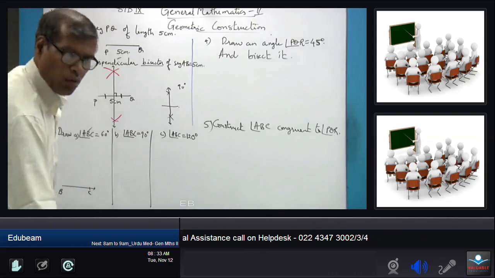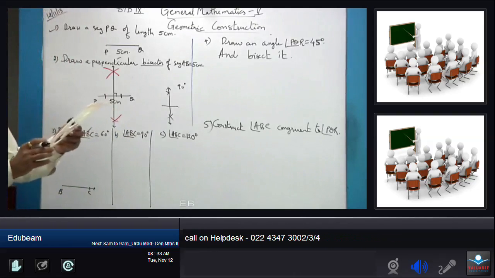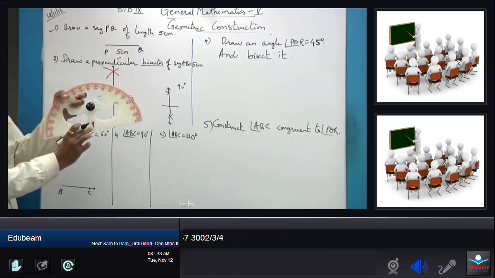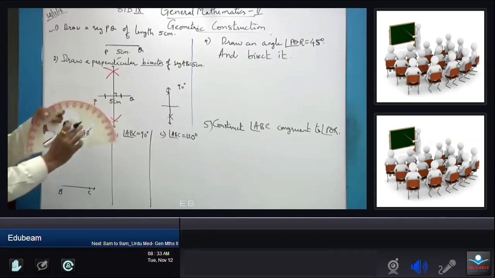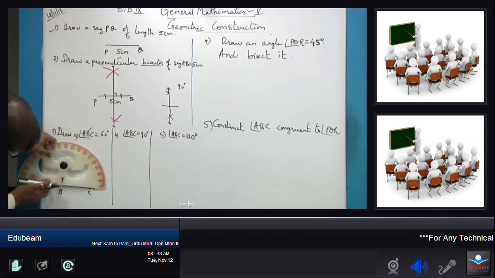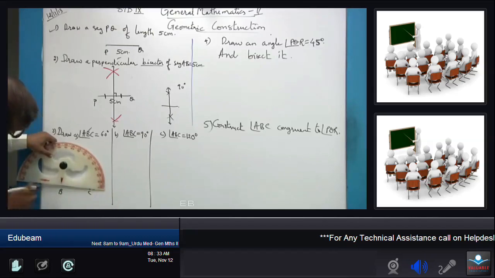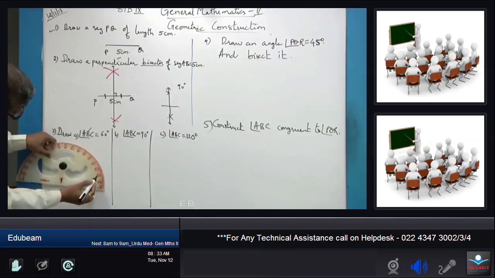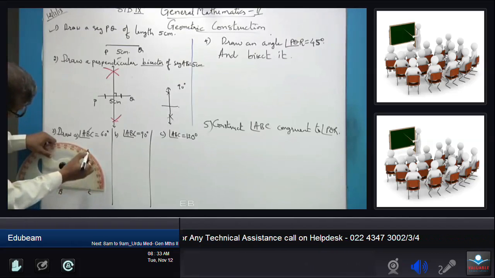Now with the protractor, you are going to measure this as 60 degrees. The protractor's center should be exactly on this point B, and the 0 should be on that line. So B is in the center, and C is on that 0 line. And see that the inner 0 is starting from your 10, 20, 30, 40, 50, 60.